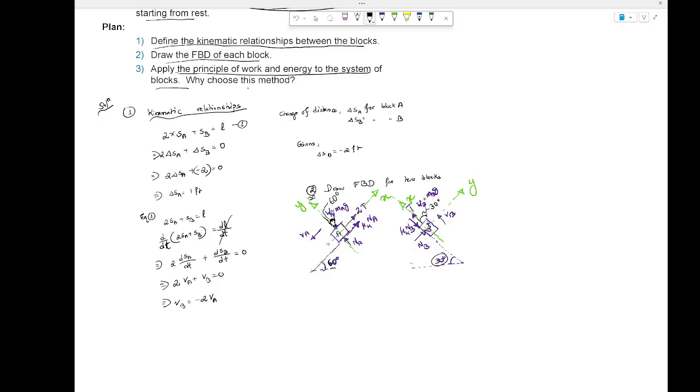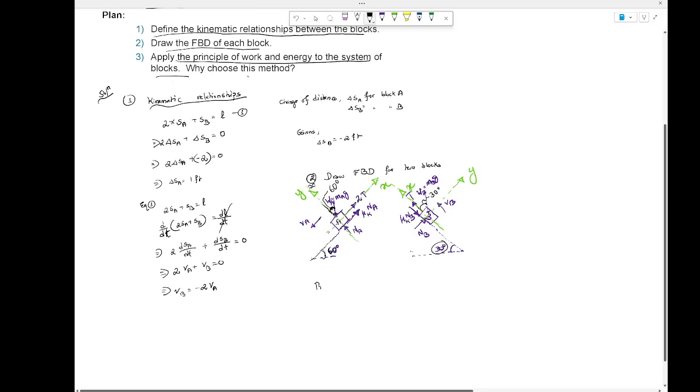So it should not be that bad. Can you do this for block A and block B? Okay, so block A and block B. We'll be doing summation of Fy equal to 0, which is NA minus WA cos 60 degree equal to 0.